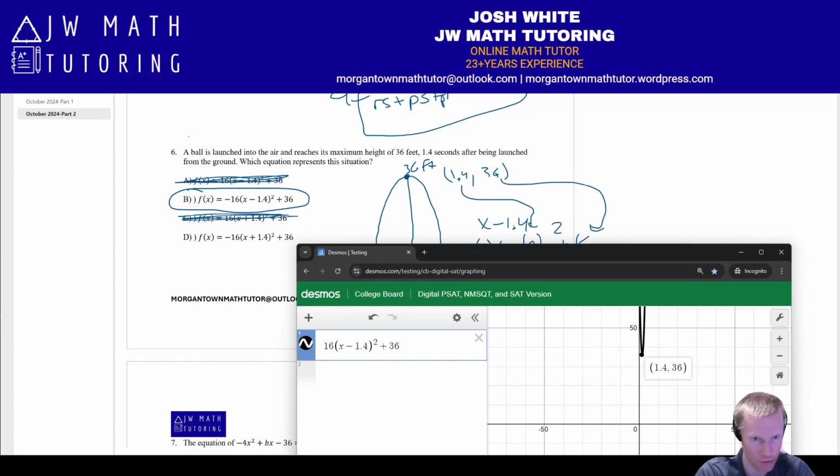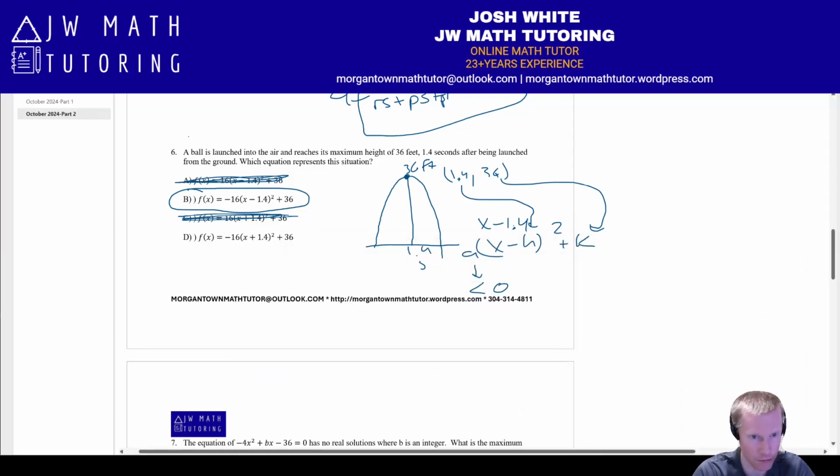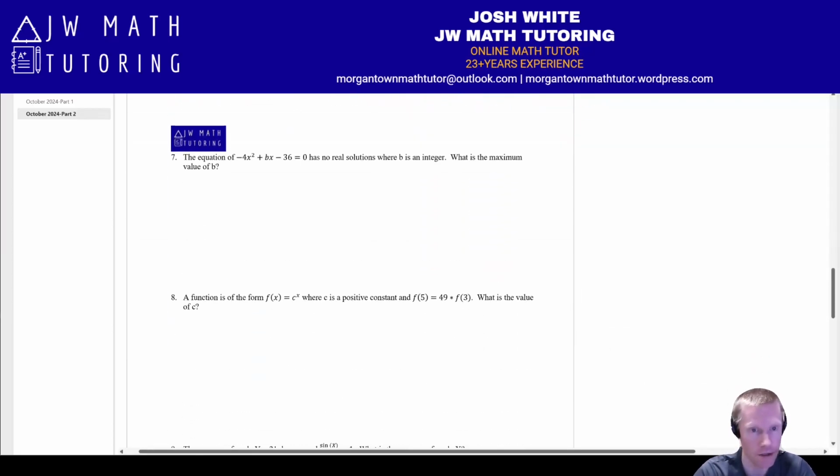So that one's obviously wrong. If you graphed out C, again it doesn't have a maximum, it has a minimum, so it's wrong. Same thing if you looked at D and put the negative in front. It now has a maximum, but the maximum is not at 1.4 seconds. The maximum is at negative 1.4 seconds, which doesn't make sense because time is never negative. So you could also get the answer by just going to Desmos and doing that.